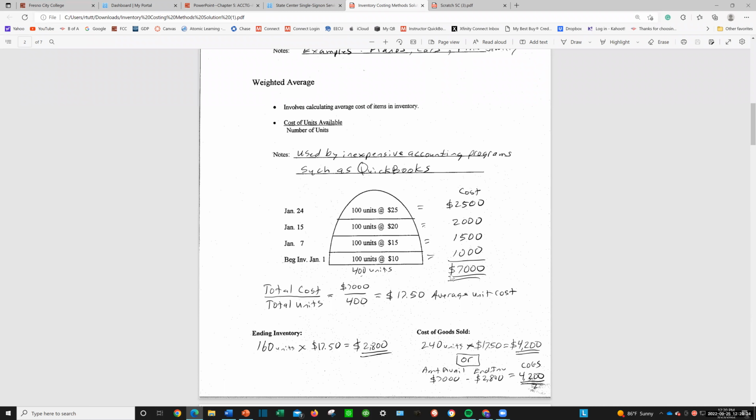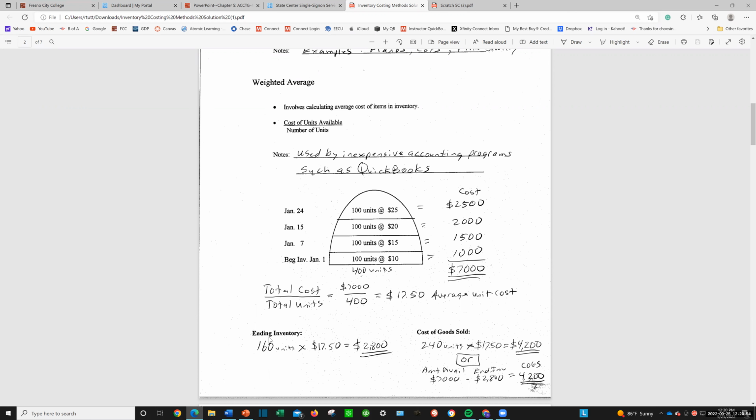Well, what's the average cost of each unit? Take total cost divided by total units. So the total cost is 7,000. Divide that by the total units of 400. So on average, each unit is going to cost $17.50.